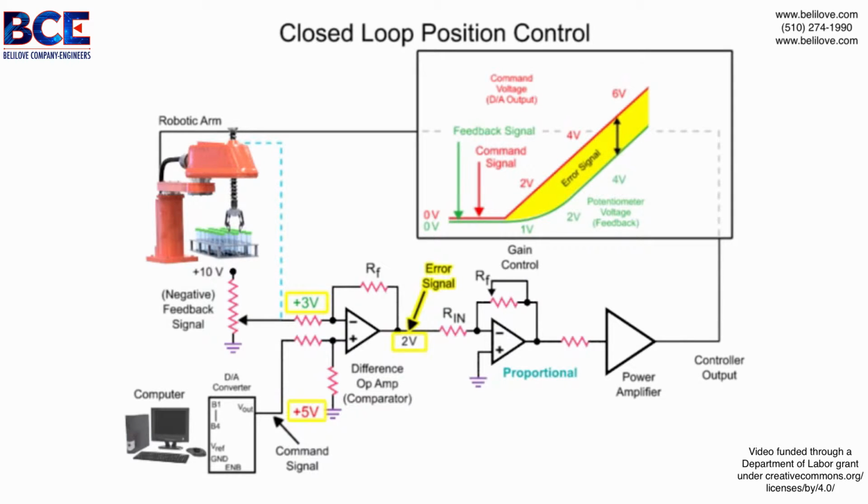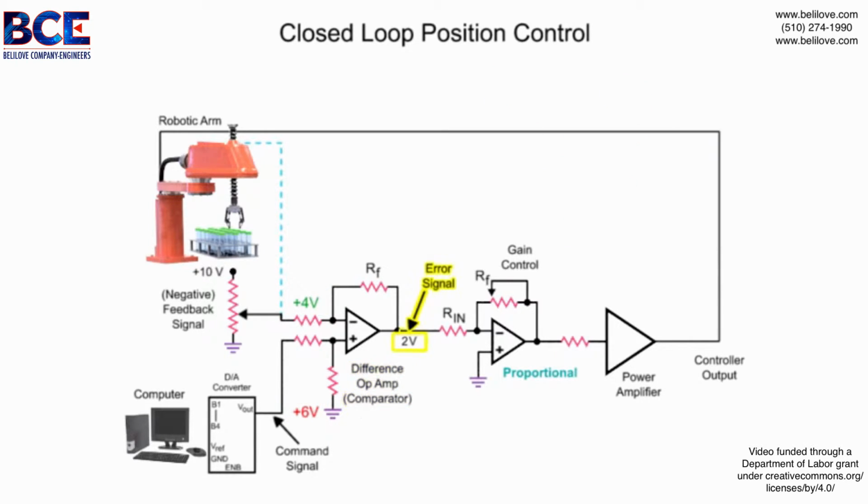The delay of the arm and feedback signal creates a positive error signal voltage at the output of the difference op-amp. The error signal is inverted by the proportional difference op-amp to a negative voltage. The voltage is then amplified by the power amp and inverted to a positive voltage and applied to the motor of the robotic arm.